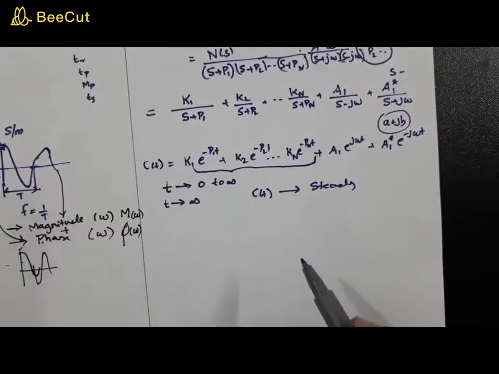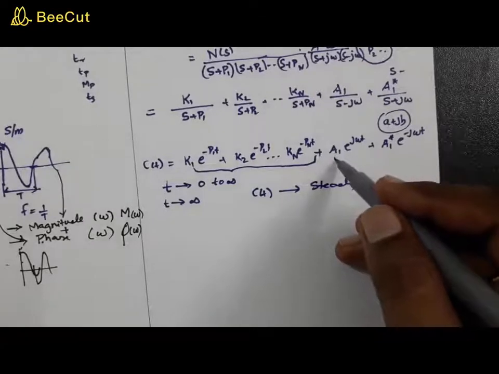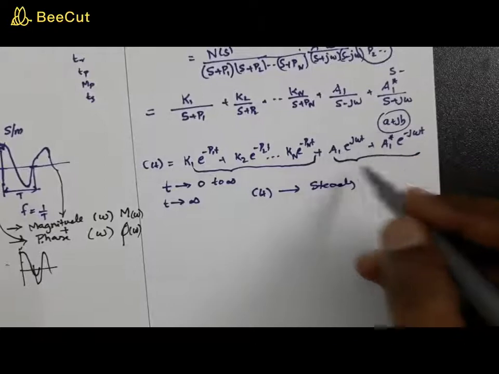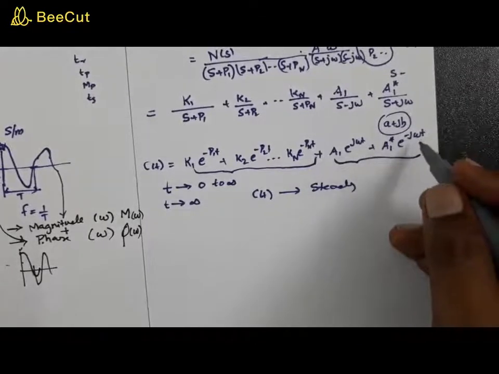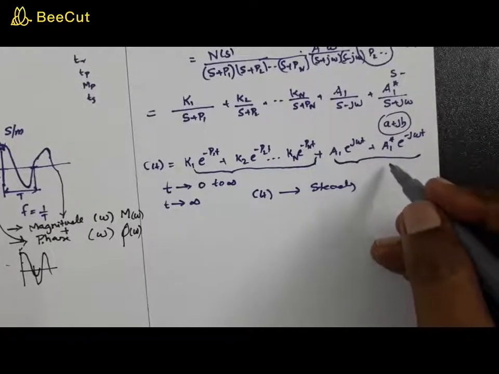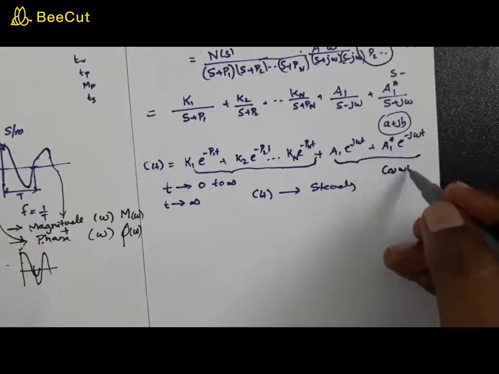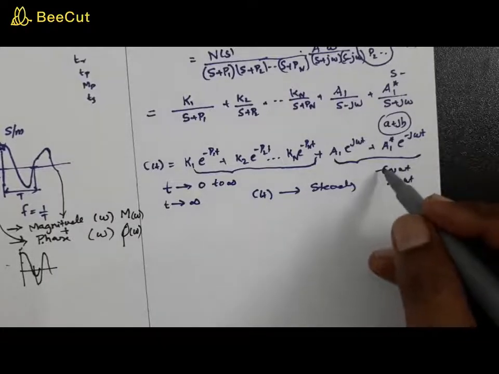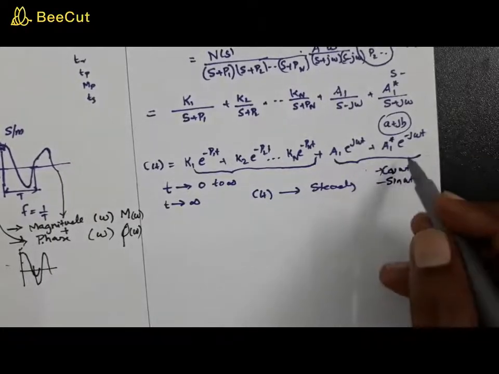Even at very high times, there will still be a value for e raised to j omega t and e raised to minus j omega t, because these can be converted easily into cos omega t or sin omega t. So for any value of time, there will be a value for cos and sin that won't reduce to 0.